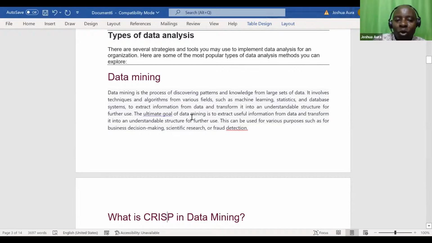The ultimate goal of data mining is to extract useful information from data and transform it into an understandable structure for further use. This can be used for various purposes, such as business decision-making, scientific research, or fraud detection.